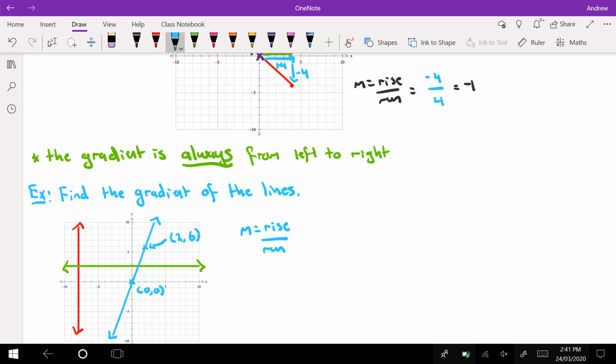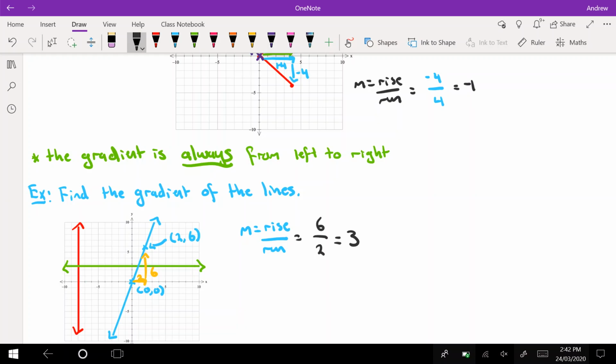So how much have I gone across? What is my run? 2. I've gone across 2 units. How much have I gone up? 6. So my rise is going to be 6. My run is going to be 2. So my gradient is equal to 3.